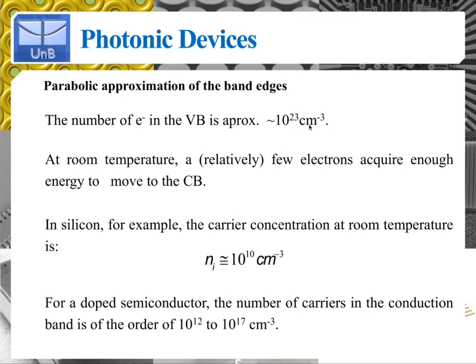electrons per centimeter cubed. At room temperature, if you raise the temperature from 0 K up to around 300 K, a few electrons acquire enough energy to move to the conduction band. For example, in silicon, the carrier concentration at room temperature is 10 to the 10th electrons per centimeter cubed.